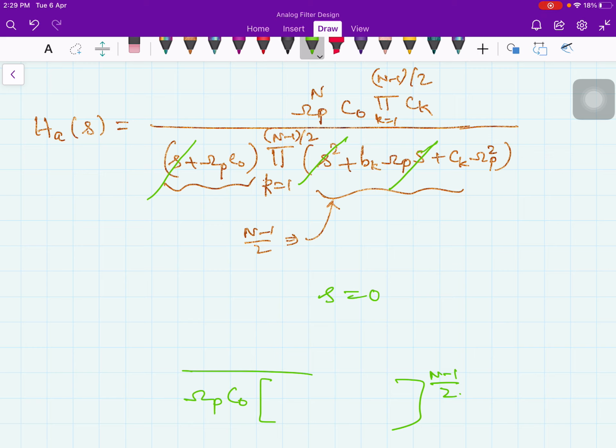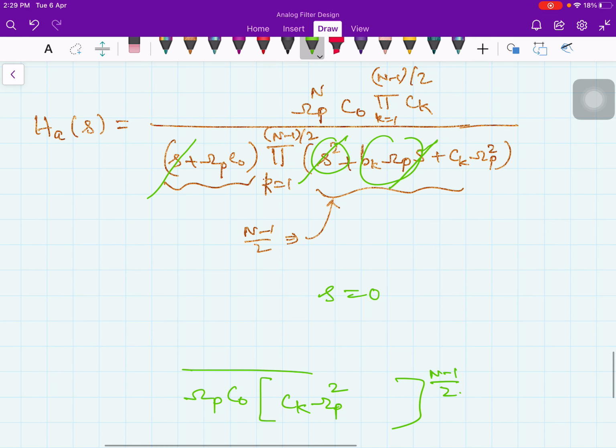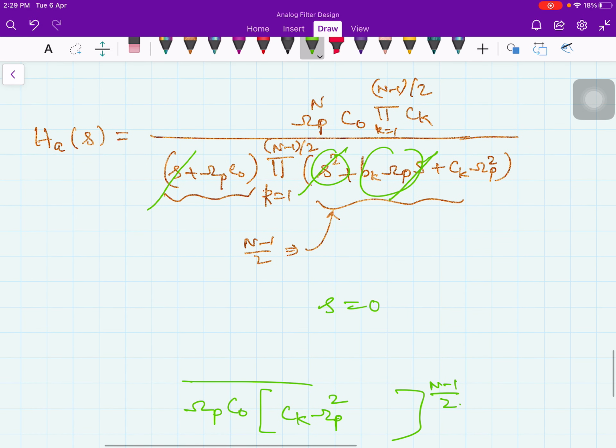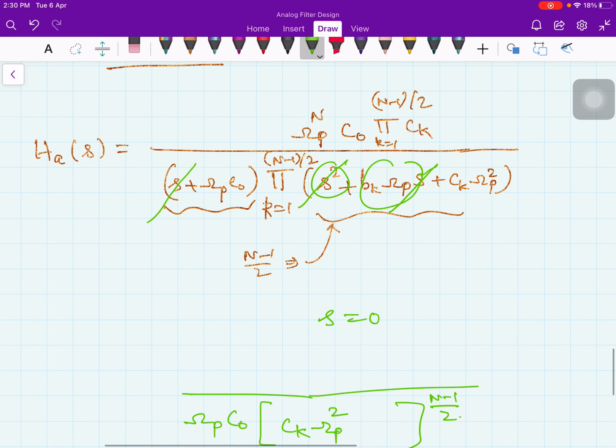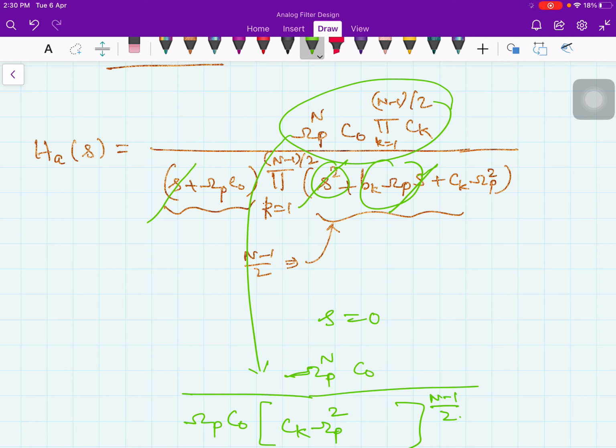Here this is 0, this is 0, and you are left with ck and omega p squared. What about the numerator? The same factor, you bring the numerator here: omega p to the n c naught, then the product for k equal to 1 to n minus 1 by 2.